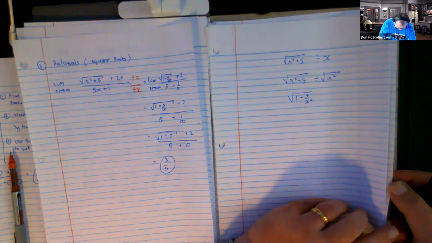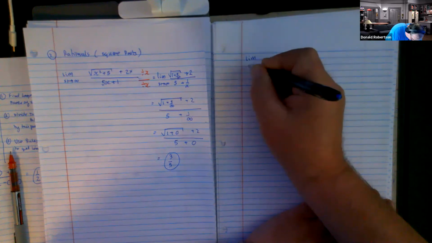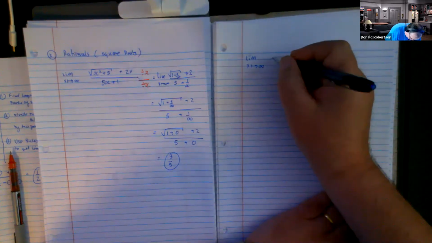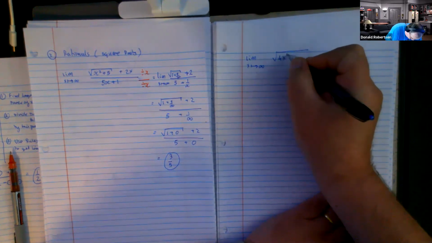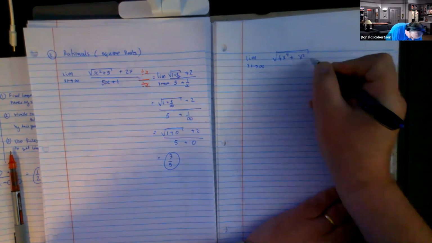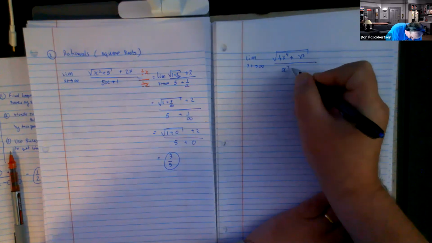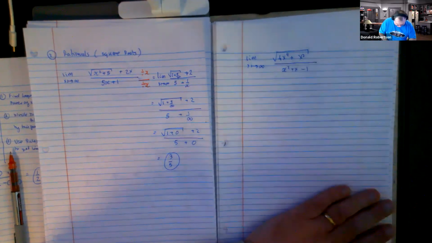Okay, let's do another one. How about the limit as x tends to infinity of the square root of 4x to the 4 plus x squared, over x squared plus x minus 1.